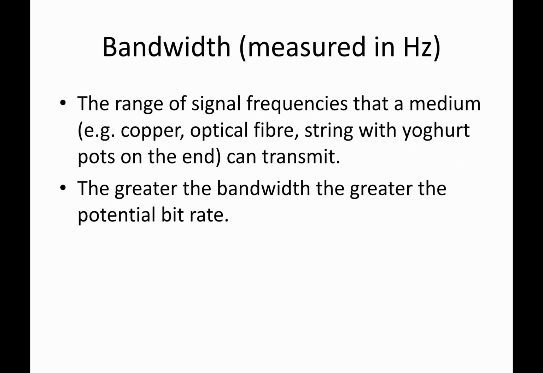So a high bandwidth medium, such as fiber optic, can transmit a very wide range of frequencies, whereas a string with yogurt pots on the end, if you've ever done that, has very low bandwidth. All right. So the greater the bandwidth, the greater the potential bit rate. Okay. So it doesn't mean you're definitely going to have a high bit rate, but you've got the potential for a much higher bit rate.